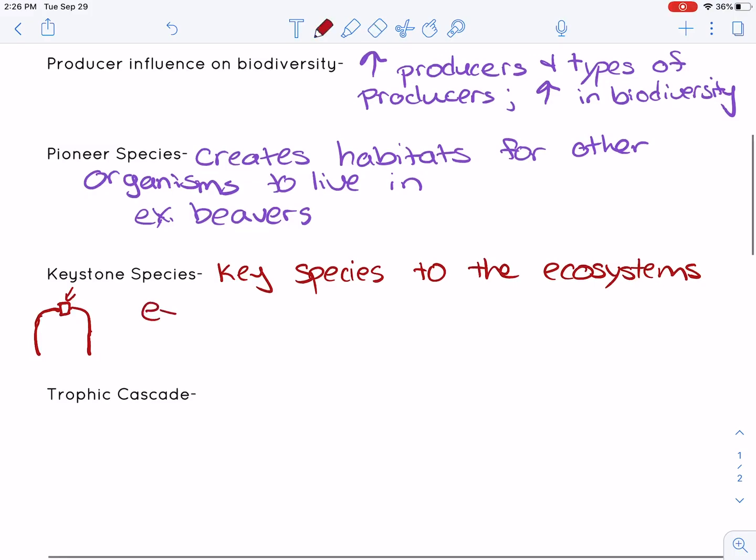So my example of this is going to be the sea otter. And a sea otter is actually a top predator. Well, it's not a top predator because it can be eaten by sharks and orcas and things like that. But it's a higher up predator. A sea otter feeds mostly on sea urchins, right?